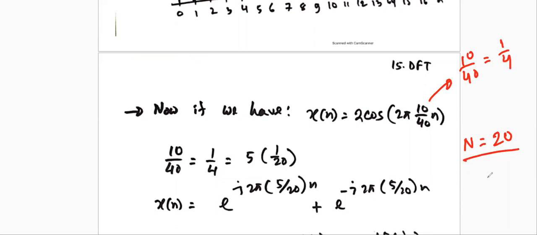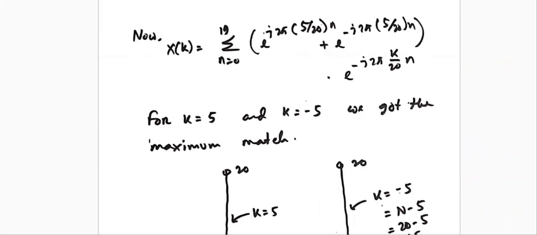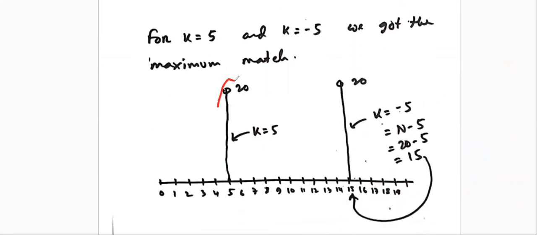So whenever k equals, let's say, 5, at that moment we have k by capital N equal to 5/20, which is 1/4. So at the location of k equals 5, that will give a super match, a 100% match. So we are expecting that at k equals 5, that will give the highest.